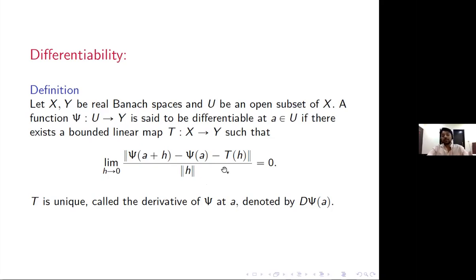Whenever such a bounded linear map exists, it is unique and is called the derivative of psi at A, usually denoted d psi at A. This derivative is also known as the Fréchet derivative of psi.